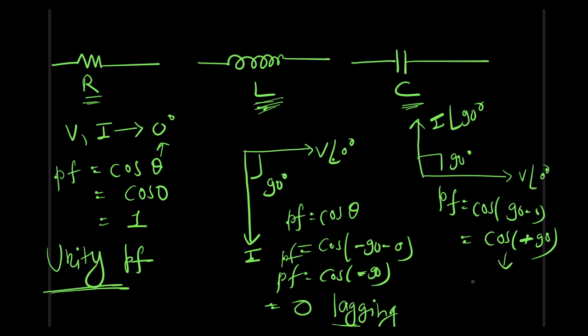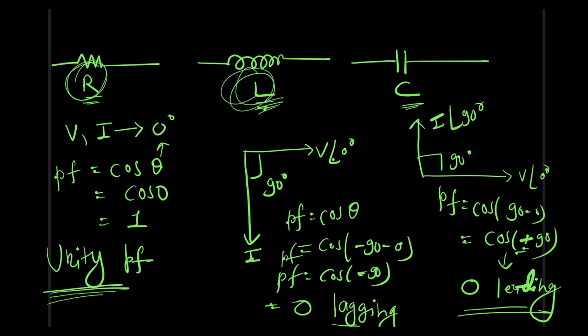The power factor will be 0. But due to this positive sign, it will be leading. So in case of purely resistive circuit, there will be unity power factor. In case of purely inductive circuit, it will be 0 lagging. And in case of purely capacitive, it will be 0 leading.